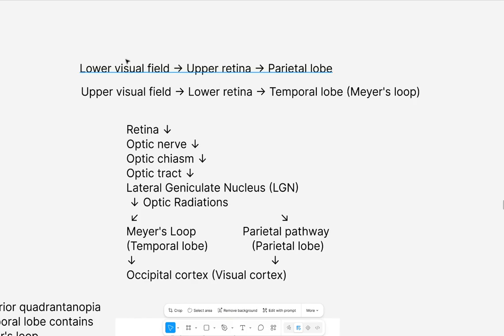The lower visual field is read by the upper retina, and the radiations go to the parietal lobe. Okay, and the upper visual field is read by the lower retina, and the radiations go to the temporal lobe, the Meyer's loop. So after the retina, optic nerve, chiasm, tract, lateral geniculate nucleus, and optic radiations, the radiations split into two pathways, right?